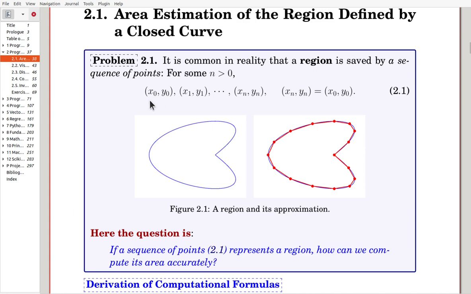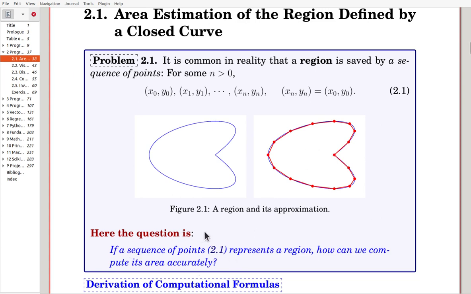Then these points will represent a region. For example, this region can be approximated by these points. So maybe this is x0, y0, x1, y1, and so on. Turn around, and then the last one will be xn, yn.